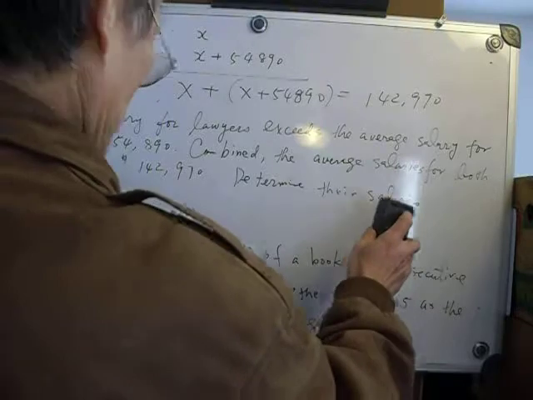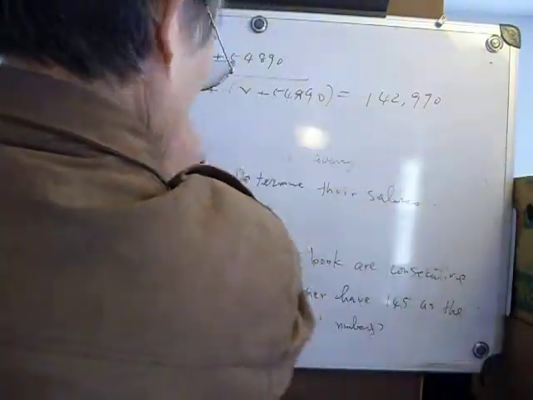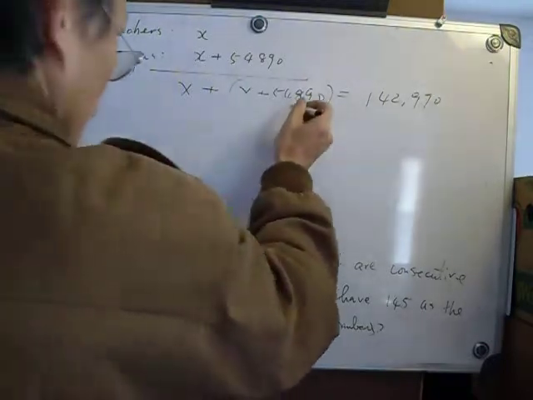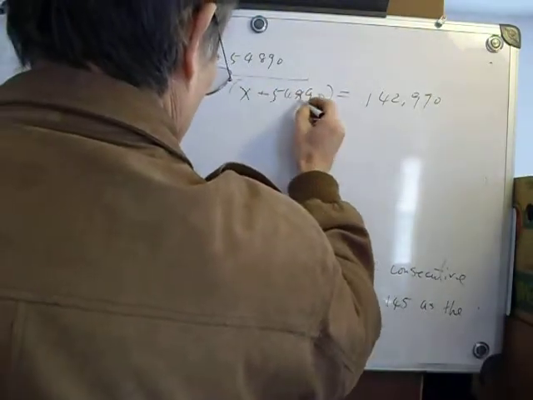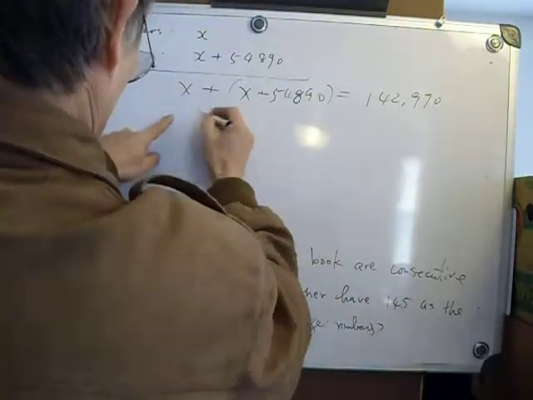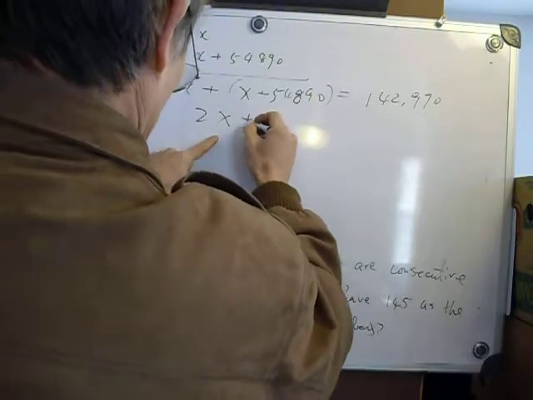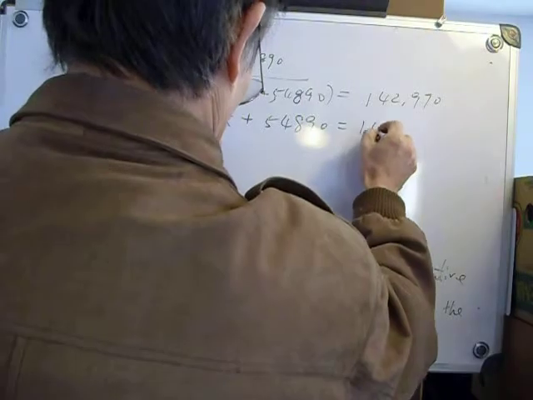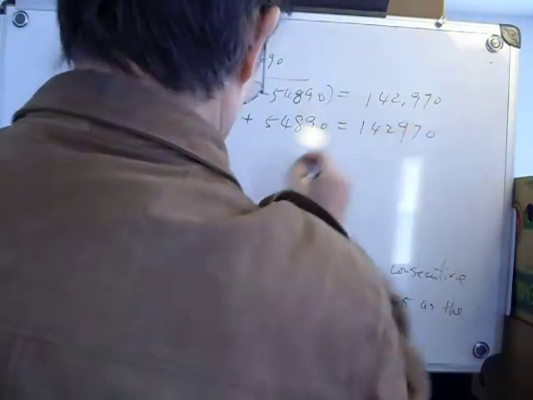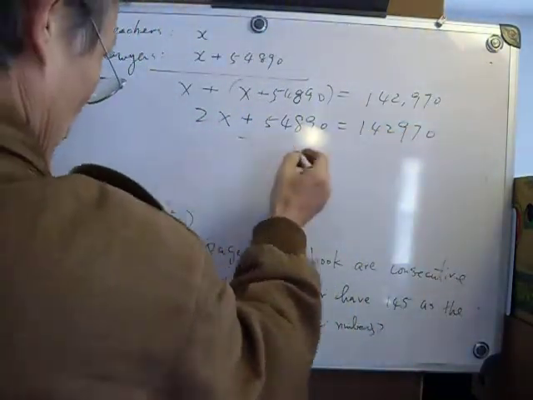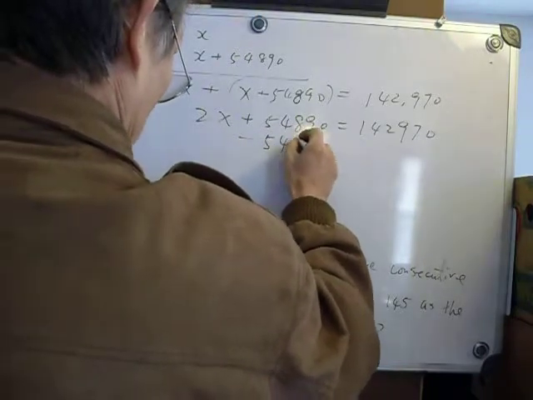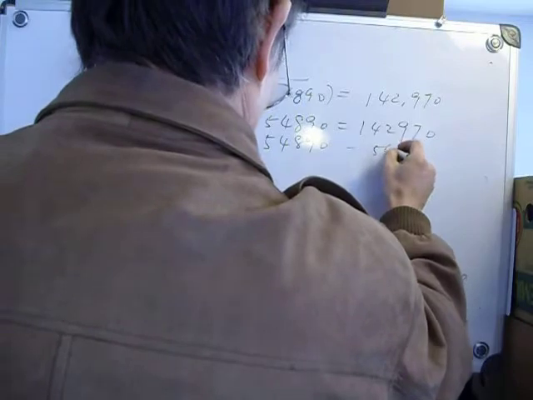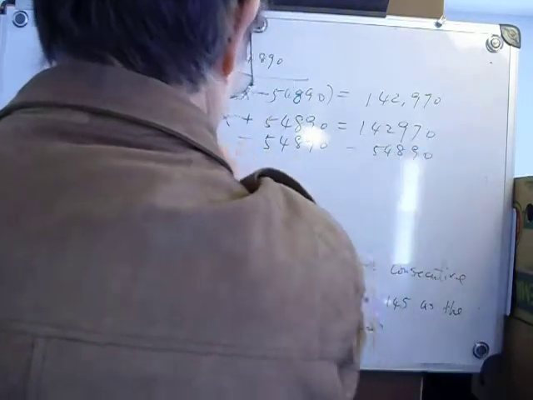So this equation, you combine the like terms, x plus x, 2x, plus 54,890 equals 142,970. You want to undo this plus 54,890, so subtract 54,890.